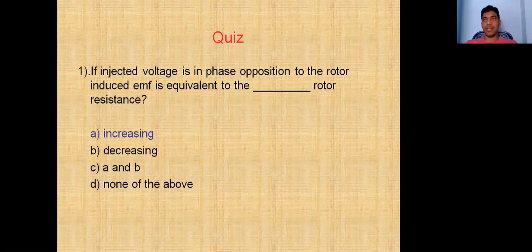By decreasing the voltage, slip increases and speed decreases. Similarly, by increasing the resistance, slip increases and speed decreases. So increasing the voltage and decreasing the resistance is the same, and decreasing the voltage or increasing the resistance is also the same.